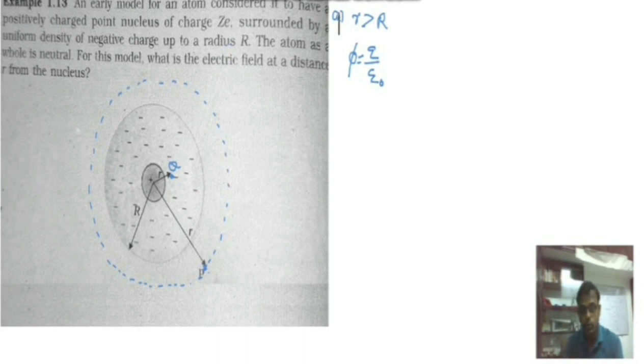Now we know an atom is electrically neutral. An atom is electrically neutral because, as you are learning in chemistry, the positive charge of an atom is equal to Ze.